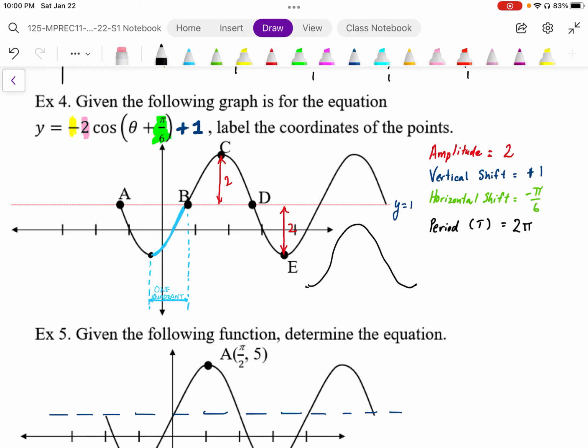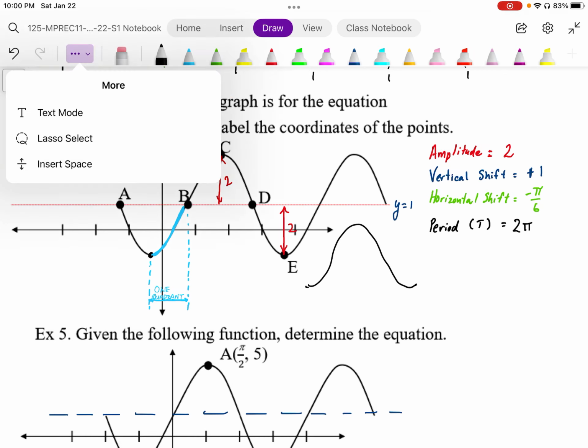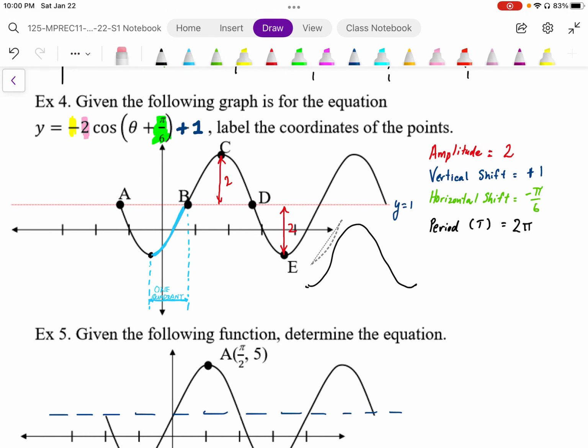So we have to decide where our starting point is. Our starting point should match that point there. So it's going to be that bottom point that we have. That's going to be our starting point.